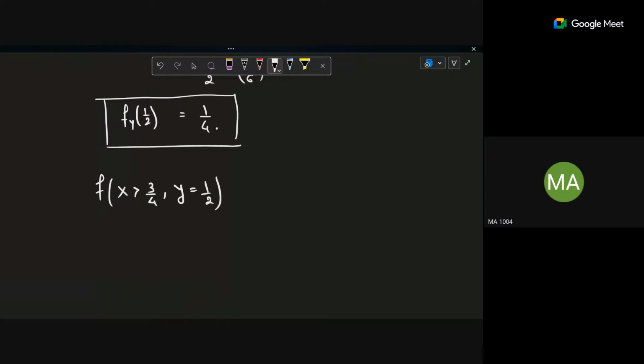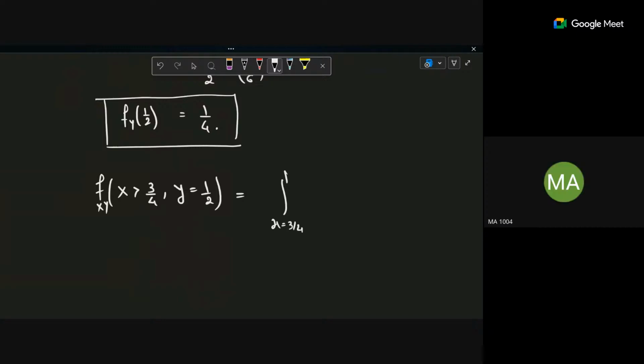How will you proceed? Double integration. But how will you put in the values for y? x from 3/4 to 1, and y from 1/2 to 2.